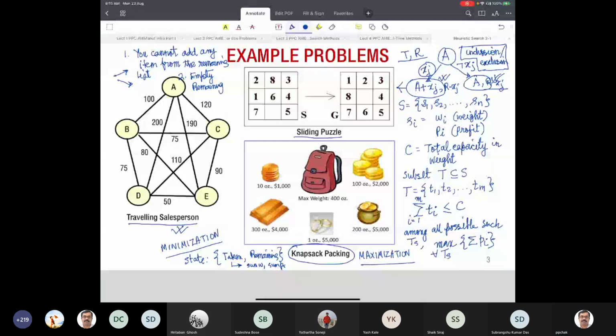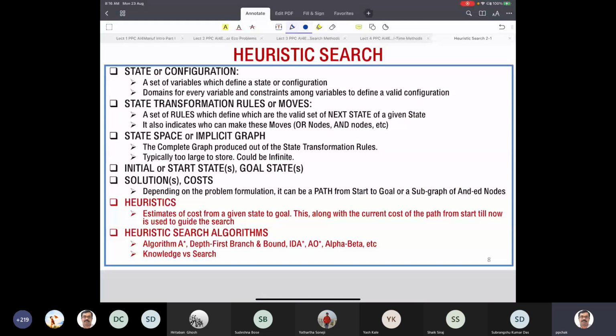Good. So now, having obtained the idea of state space definition and recollected our thoughts on it, we come to the fundamental concept of heuristic search. So what is heuristic search? In heuristic search, other than state transformation rules, state space definition, implicit graph, initial state, etc., we have this concept of heuristics.